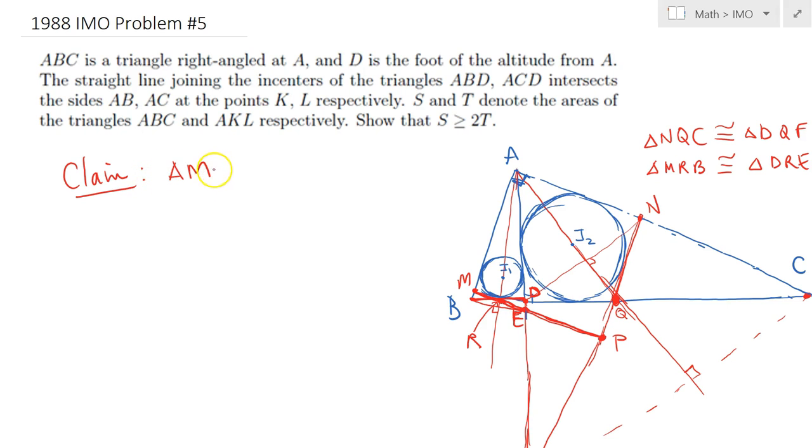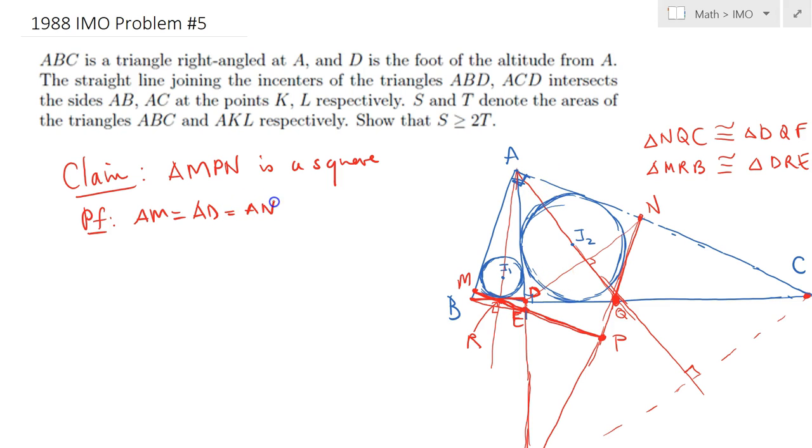AMPN is a square, and it's easy to keep track of the side lengths, if you will. Well, first of all, because M and D are reflections of each other across the angle bisector AI1, we know that AM, so let's write the proof, we know that AM is simply equal to AD. But furthermore, we know that AD is equal to AN by that same thing.